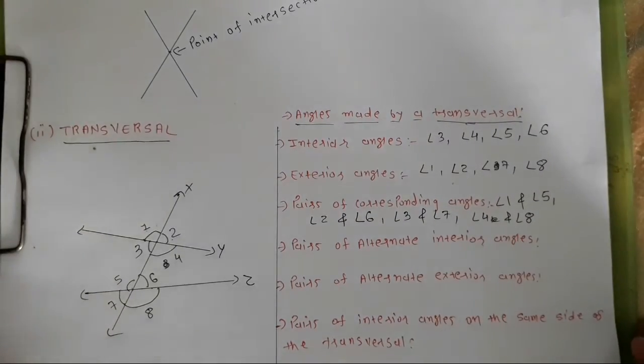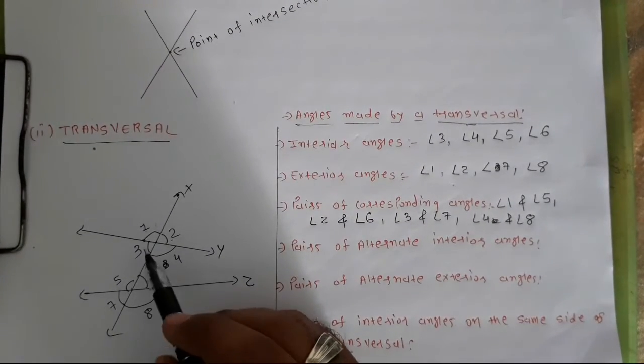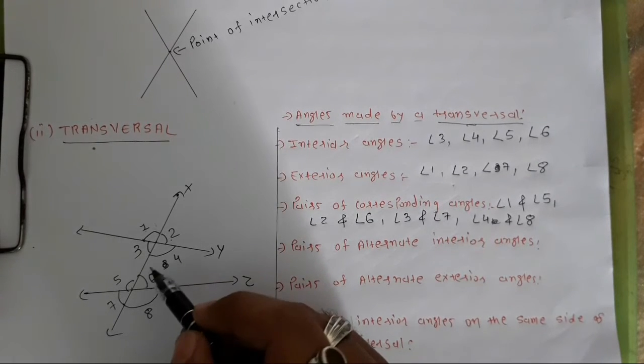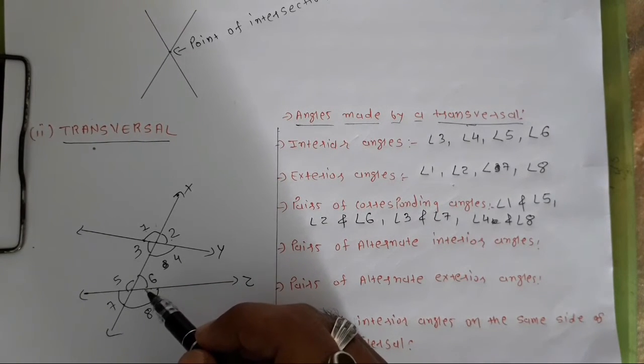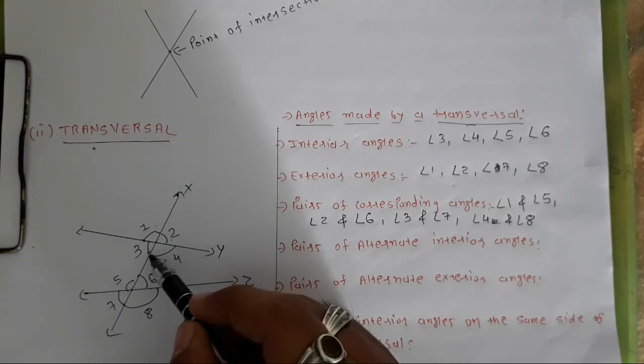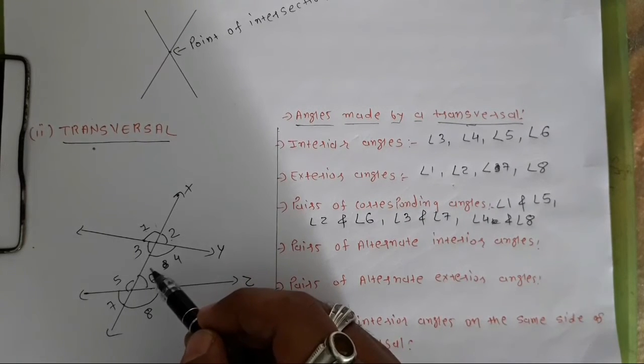Now pairs of alternate interior angles. For example, 3 is an interior angle, and the opposite of this one is 6. So angle 3 and angle 6 are both alternate interior angles to each other.